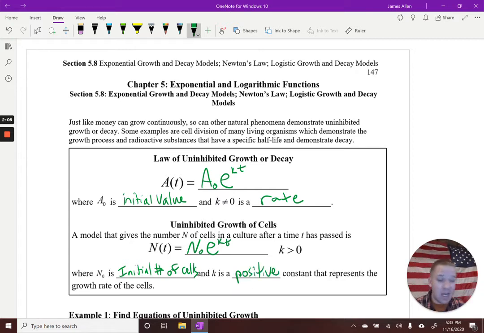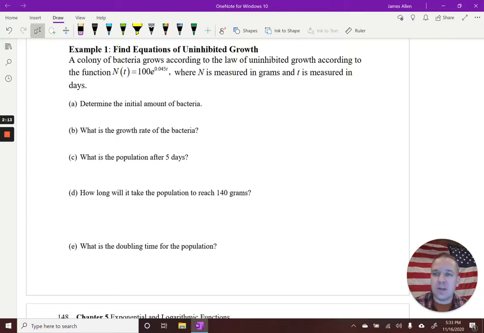All right, k is greater than 0. It's positive. If we're talking about growth, that makes sense.